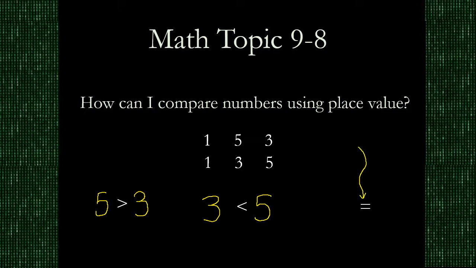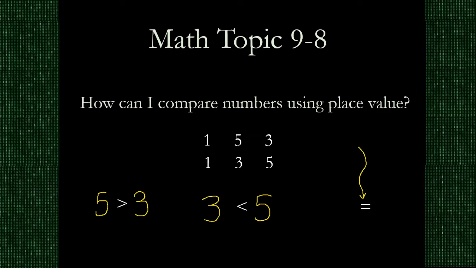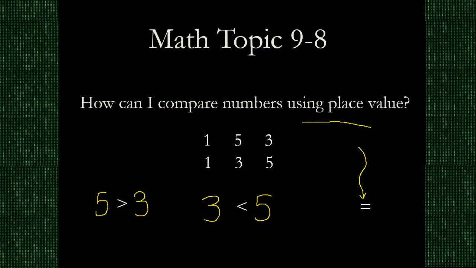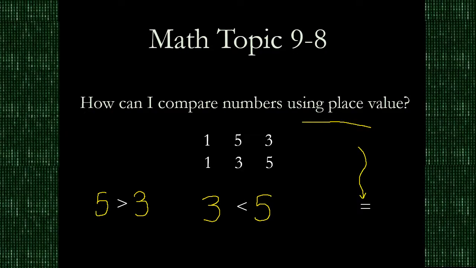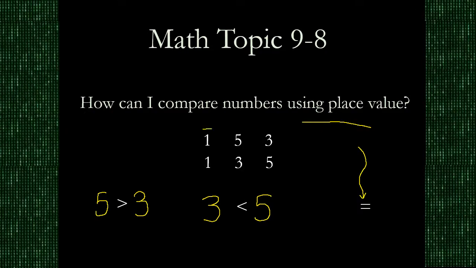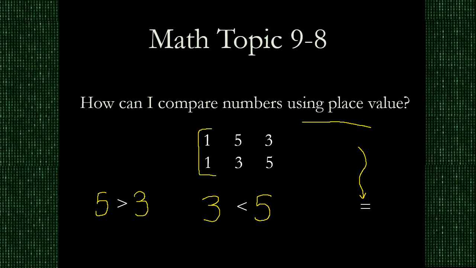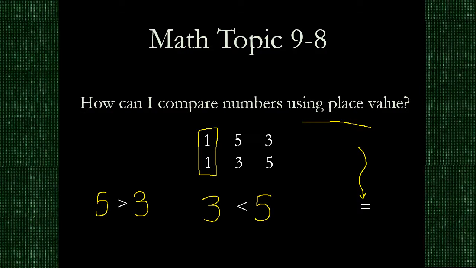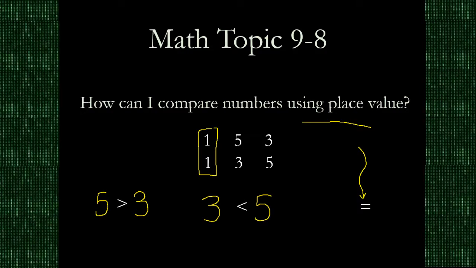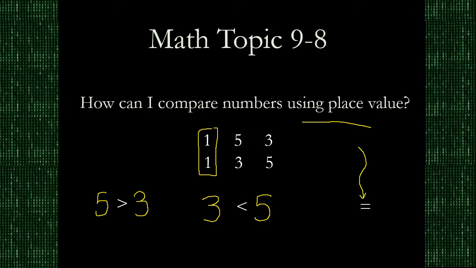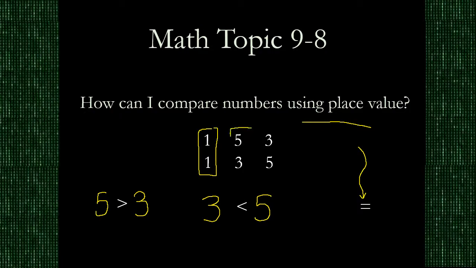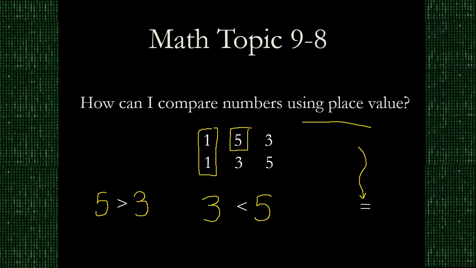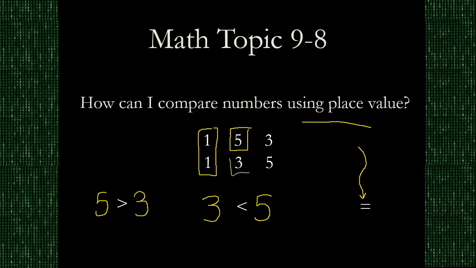Now, back to our essential question. How can I compare numbers using place value? Well, if we look at these numbers, we have the same digit in the hundreds place, so we can't tell just by looking at the hundreds which is the bigger number. But if we go to the tens place, we can see that 5 is here, and the other number has a 3.